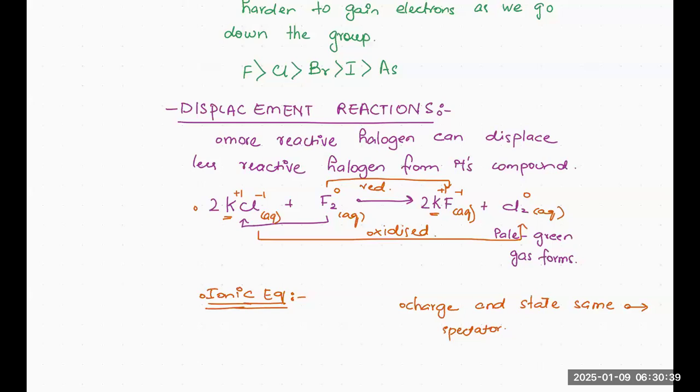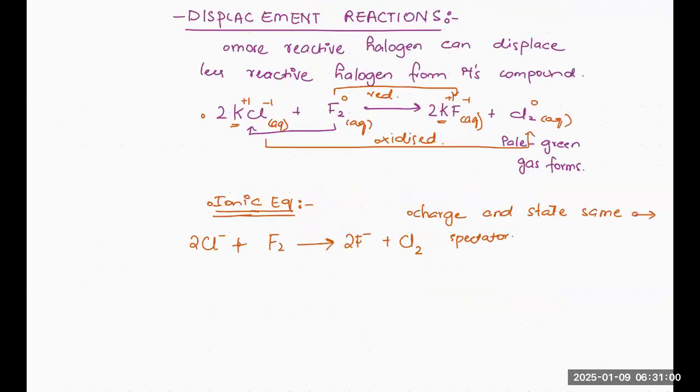I will write down chloride ion plus fluorine gives us fluoride ion plus chlorine gas. And in this, you can clearly see that chlorine is being oxidized and fluorine is being reduced. So this is an example of your redox reaction.